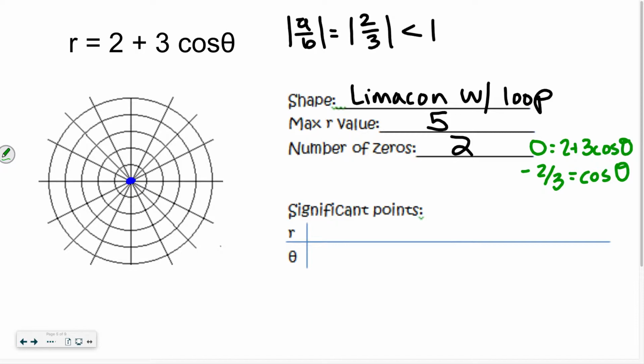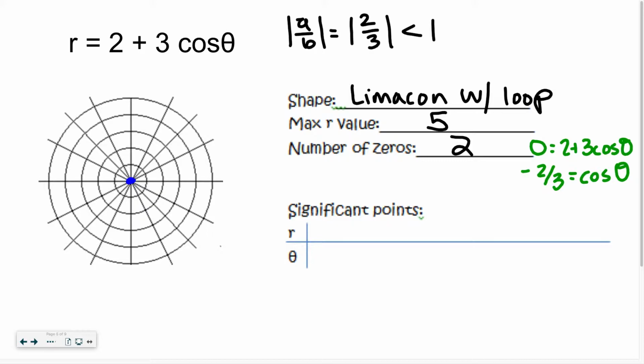But today, you know it passes through the origin at the pole to make the loop. You don't really care what the angle is because you're going zero. So it doesn't really matter. But that leaves us with needing to fill in our significant points. And the Limacons are the more complicated shapes, so we actually would probably benefit from having more points.